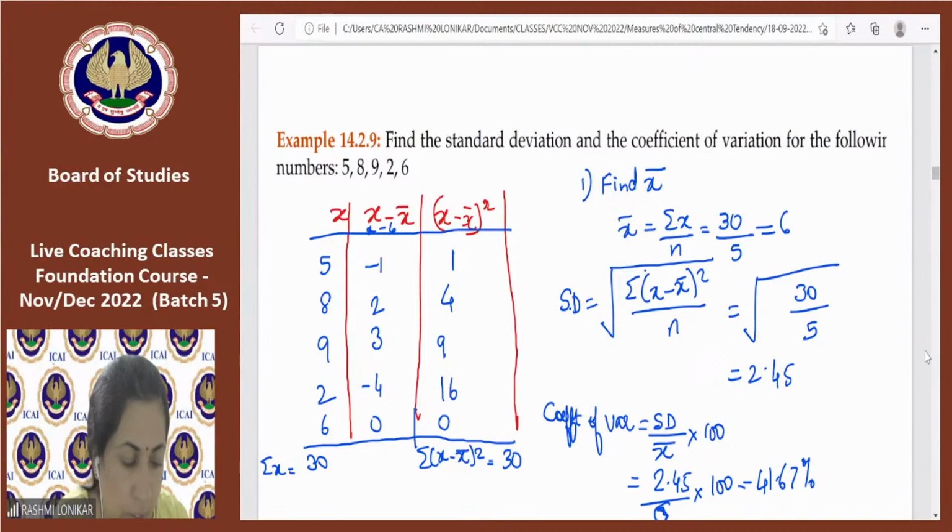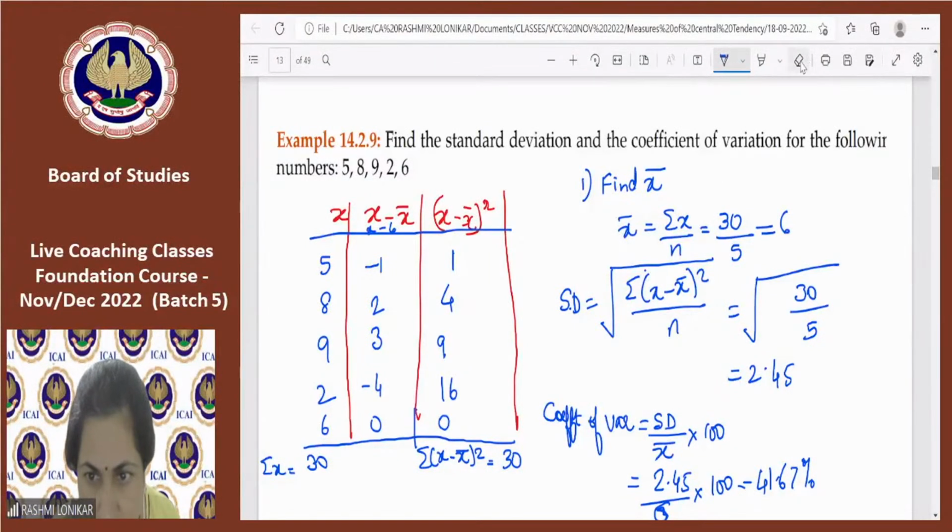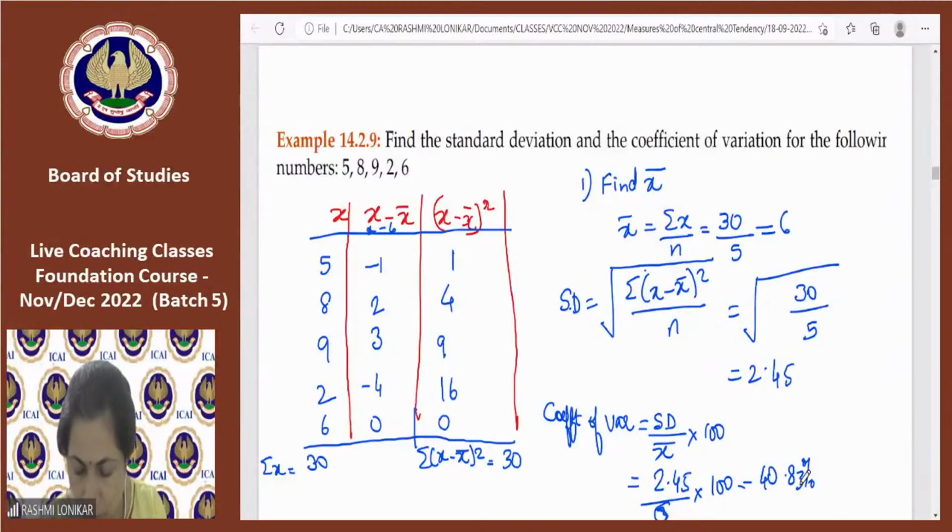Then otherwise 2.45 divided by 6 is this much. Oh, it is 40.83. Yeah. 2.45 divided by 6. Yes, you are correct. Yes, Vishnu. Right.